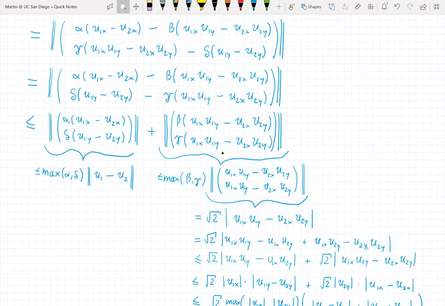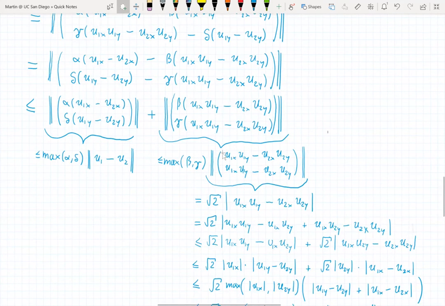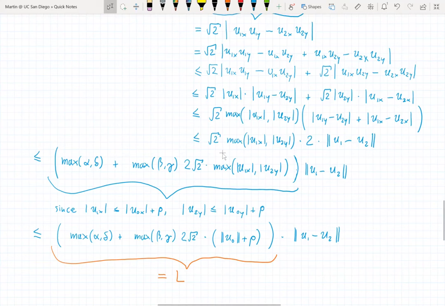Okay, now we have the product of the two components of u1 minus the product of the two components of u2. In order to get the type of inequality that we want, we do a little trick. Namely, the trick is called adding a zero.